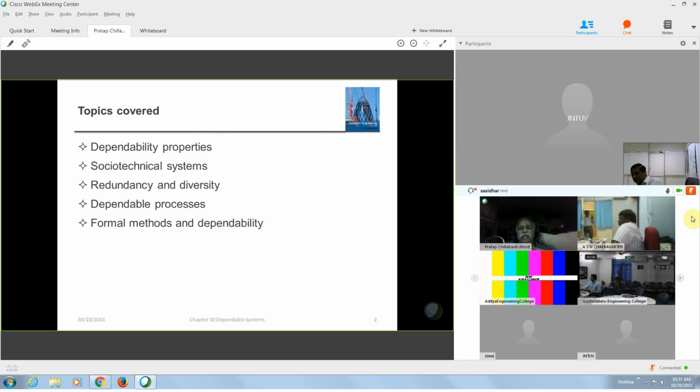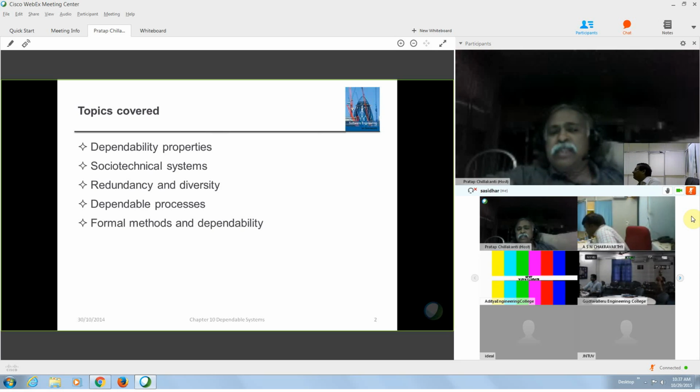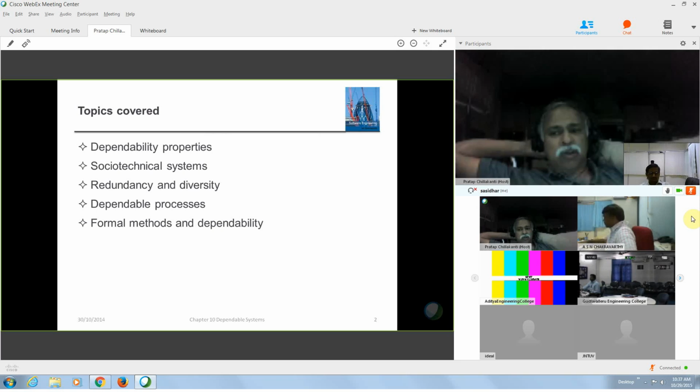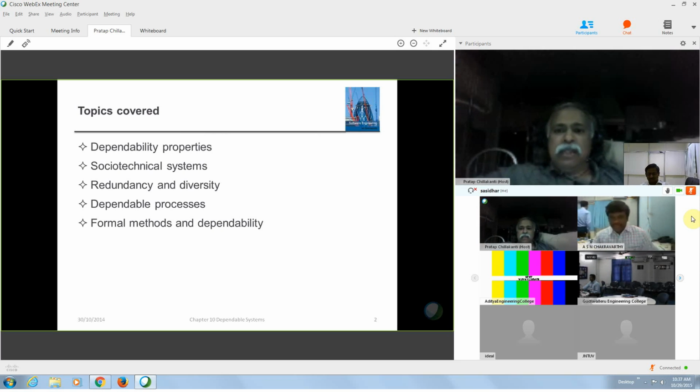And then we get into things such as redundancy and high availability. Redundancy means when one system fails, there are other systems which can fire up. That's the redundancy. We'll talk about that. The dependability should extend to processes also. For example, when you develop a software project, there's a certain process.